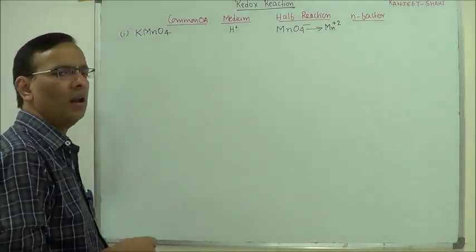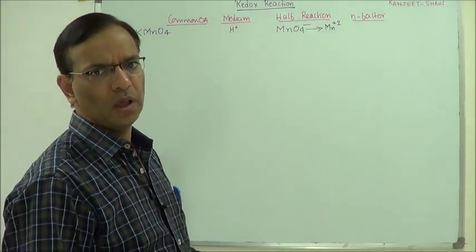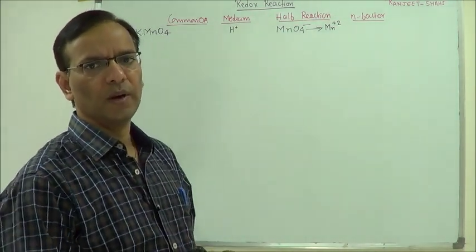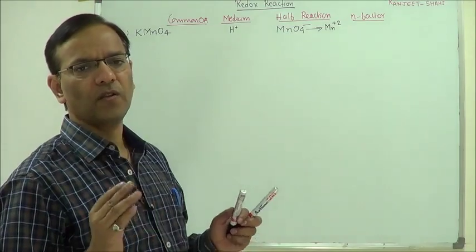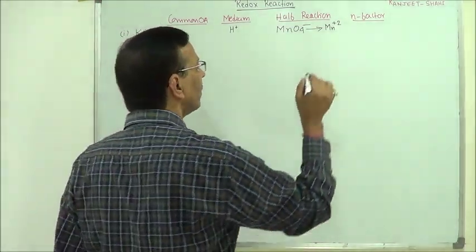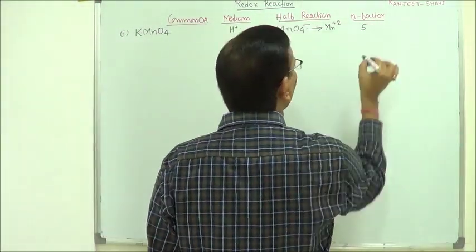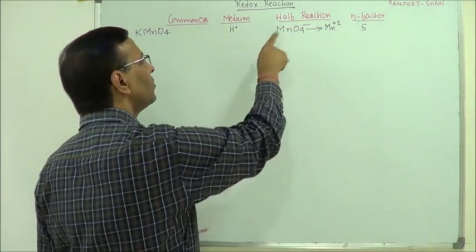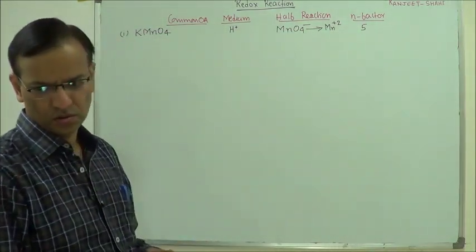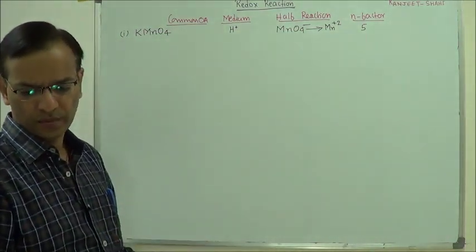And so in acidic medium, N factor of potassium permanganate is always 5: 7 to 2. So always 5.